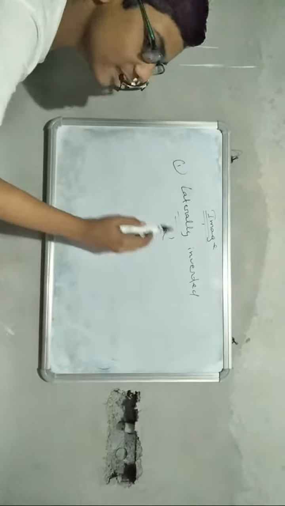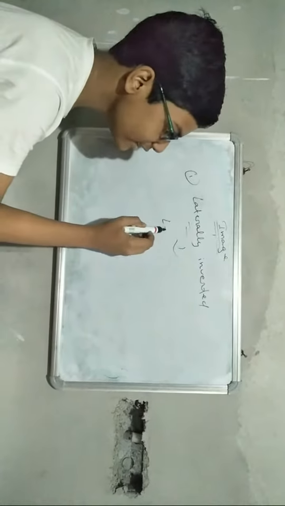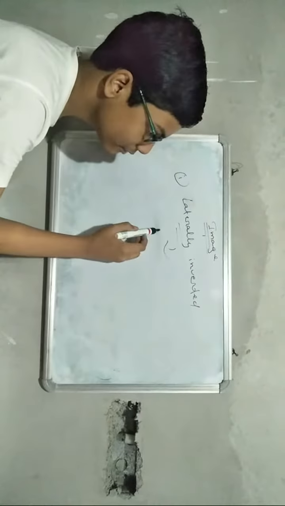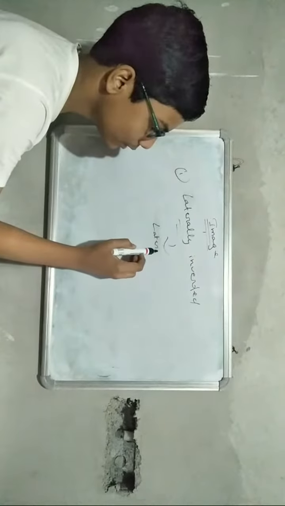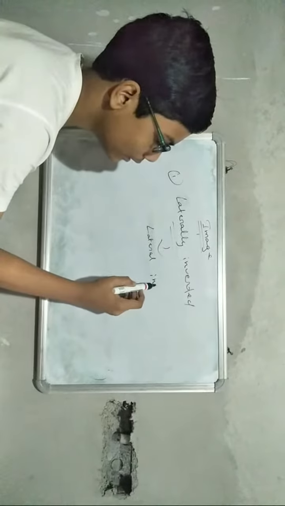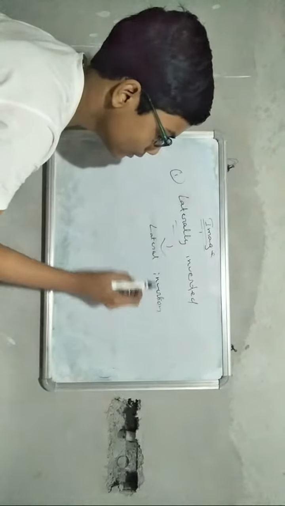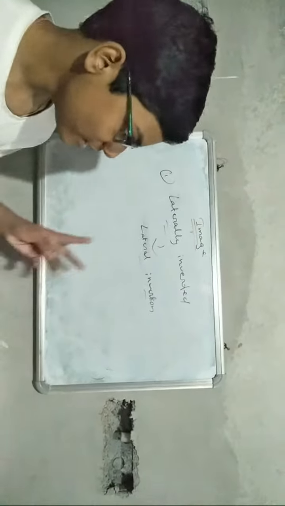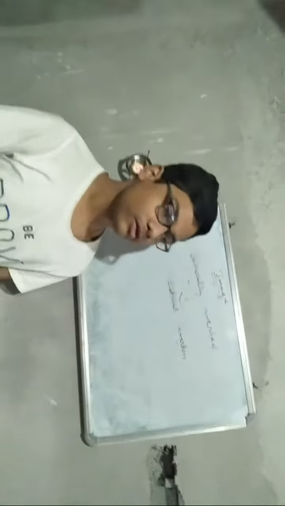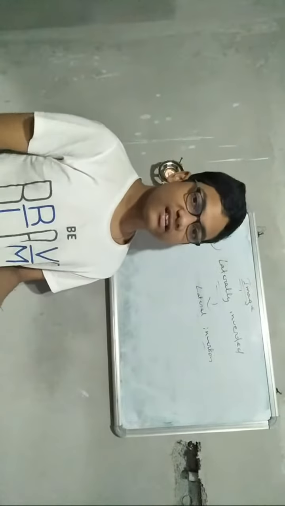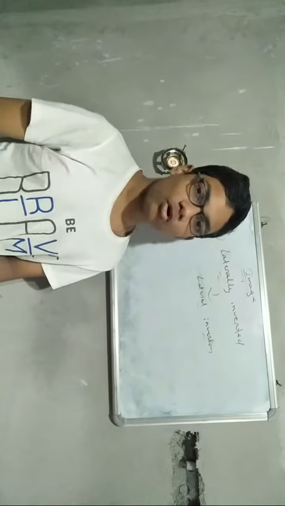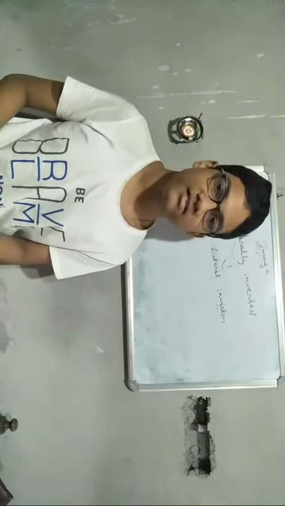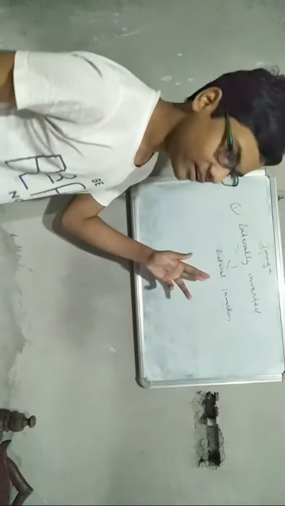From here we get the term lateral inversion. What is lateral inversion? The interchanging of the left side to the right side of the image relative to the object is known as lateral inversion.